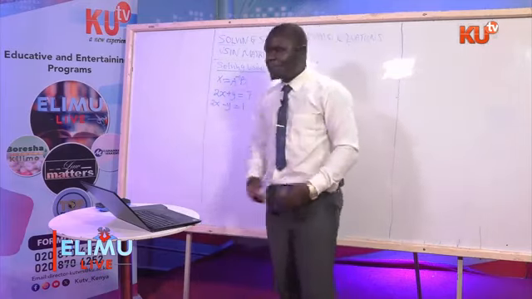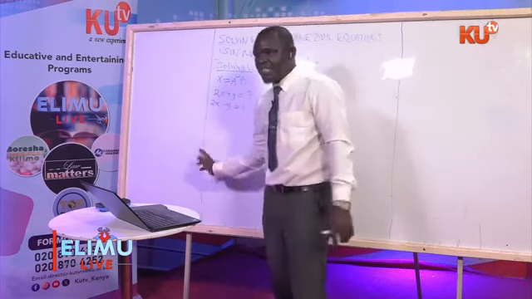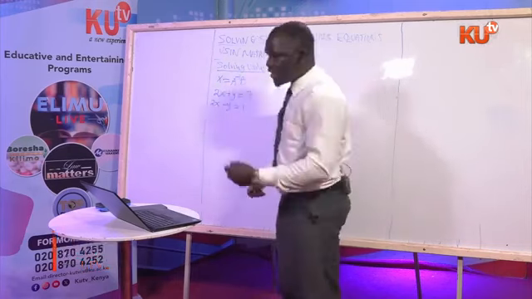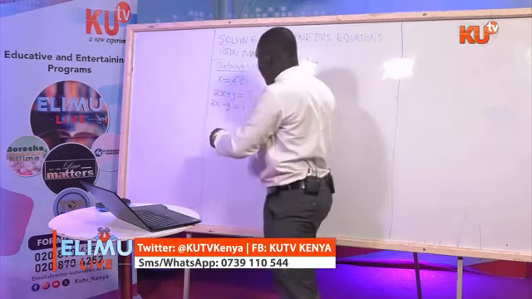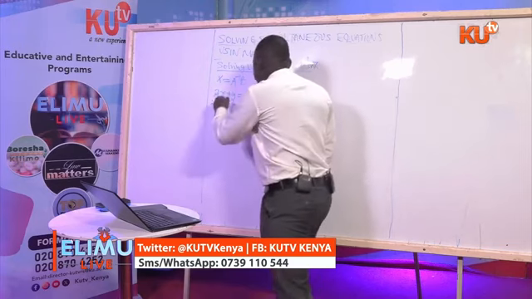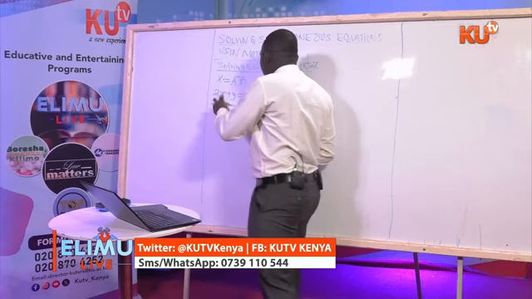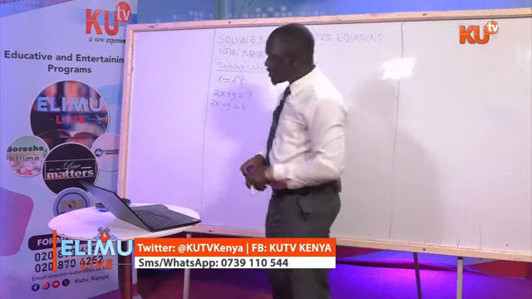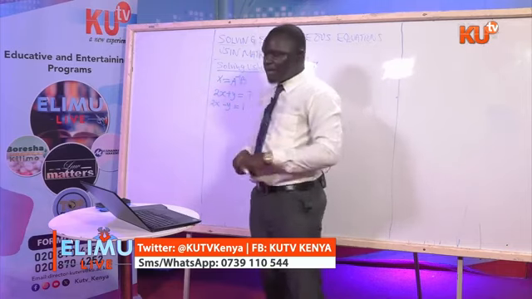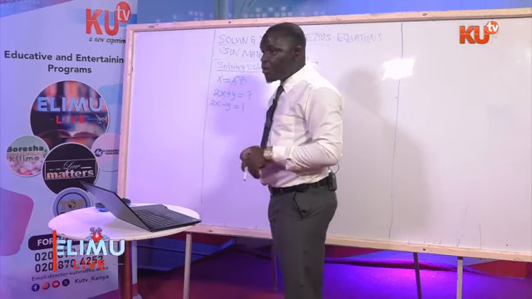It's very simple. Before you do the changing, confirm the order in which the constants are. The x's are all in one column, that's very correct. The y's are always in one column, that's very correct. Then all my constants are on the other side of the equal sign. After that confirmation, I can now put the coefficients in one matrix.